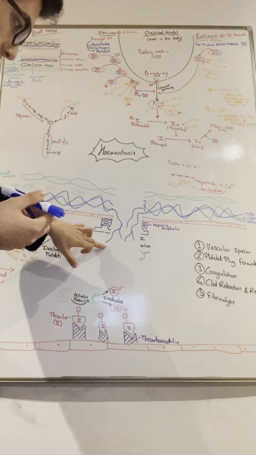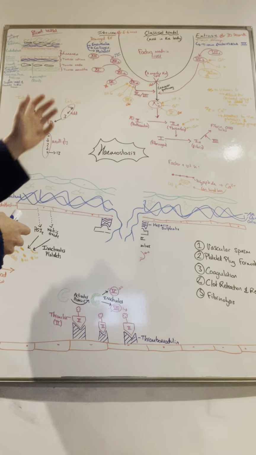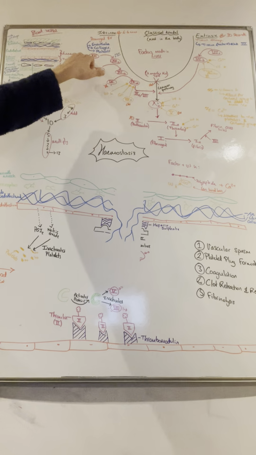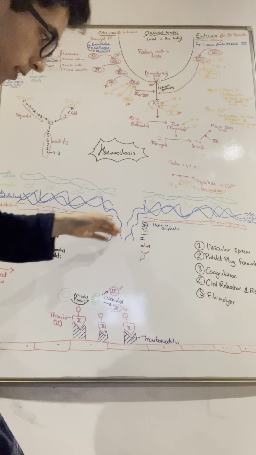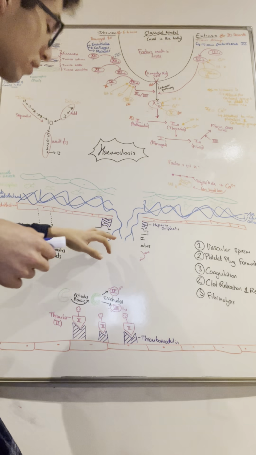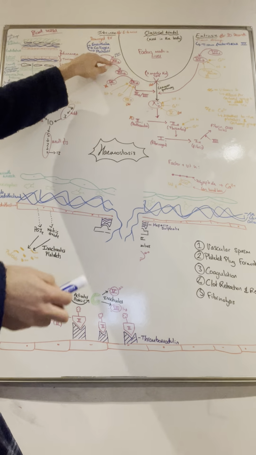So this triggers essentially our factor 12, okay? Factor 12 now bumps into this collagen and it activates and becomes factor 12A. When it's got an A next to it, that means it's active.